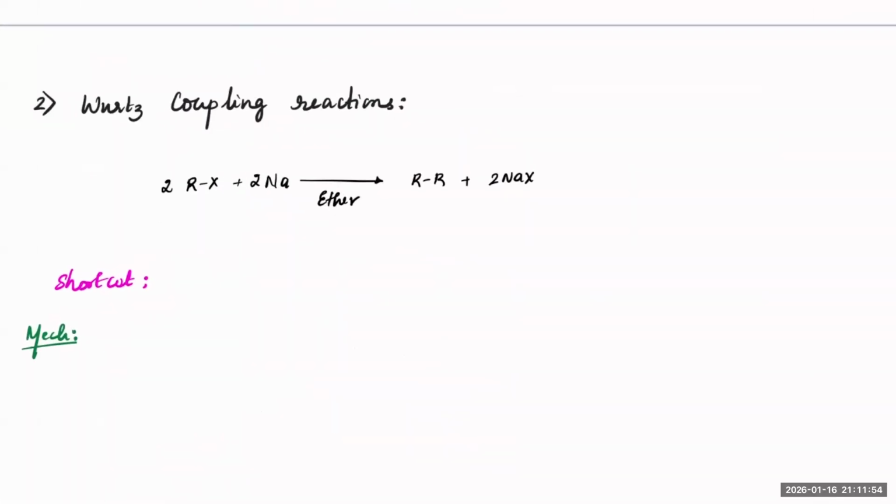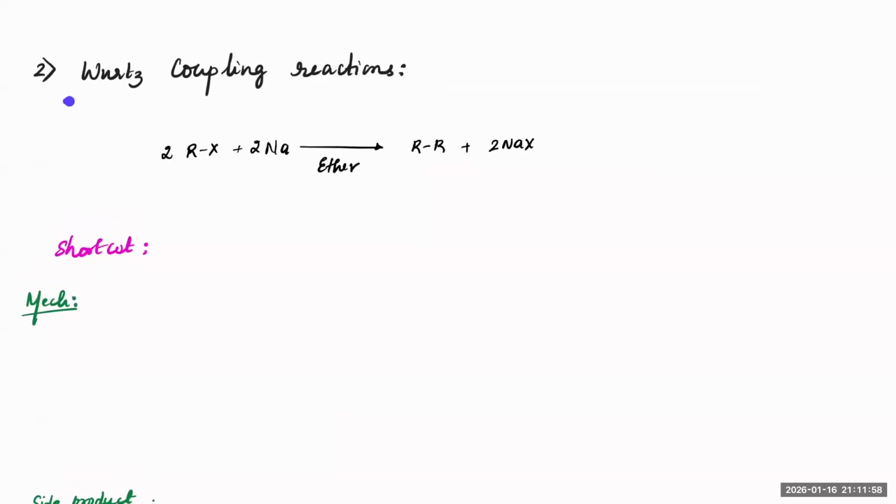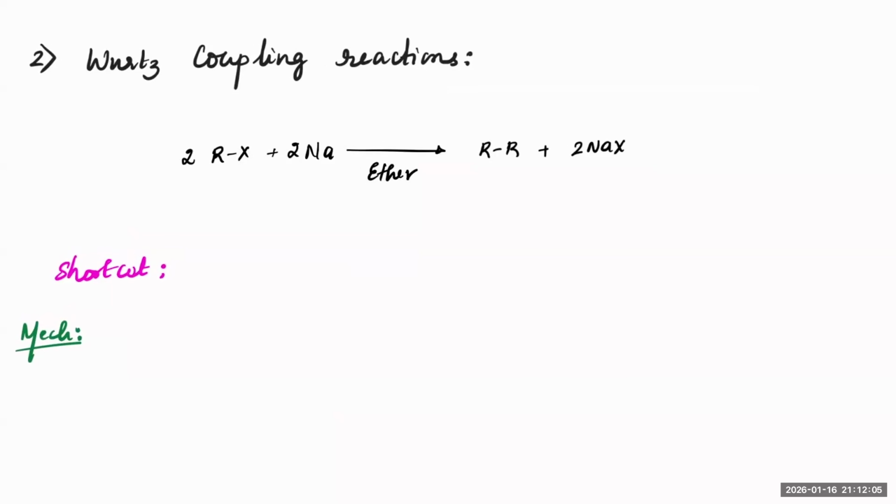Now, let's go to the second reaction in alkanes, which is called Wurtz coupling reaction. The overall reaction is this: if you take two alkyl halides, where X could be chlorine, bromine, or iodine, and if I take 2 moles of sodium in the presence of ether as a solvent, then you will notice these 2 moles of alkyl will connect with each other and form an alkane here.